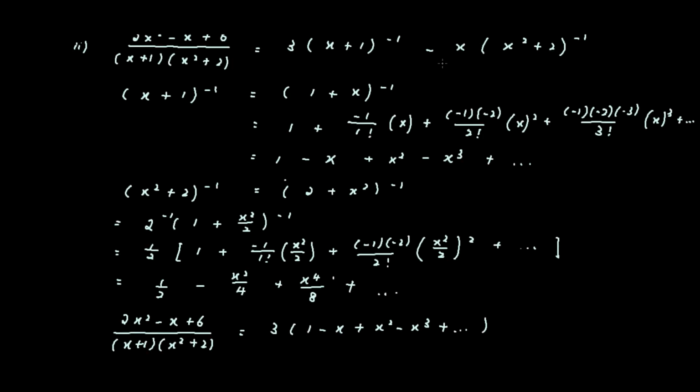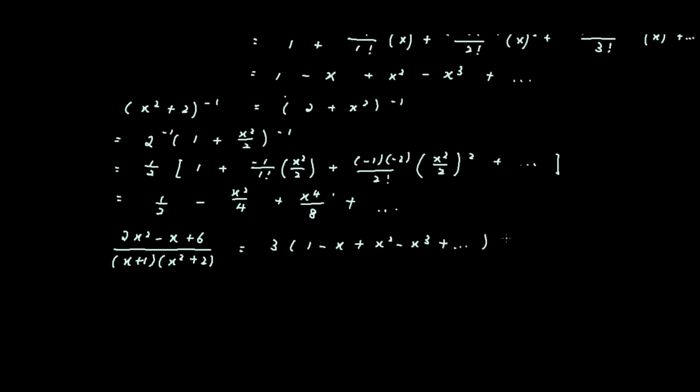Then my second one is minus x, 1 over 2 minus x squared over 4 plus x4 over 8 plus so on.